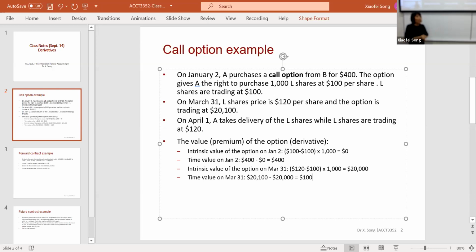So let's be clear. In this case, the L shares were purchased on April 1st, but you don't even have to ever purchase L shares. You can settle net. You can just benefit from the change in L shares without ever having to own L shares.